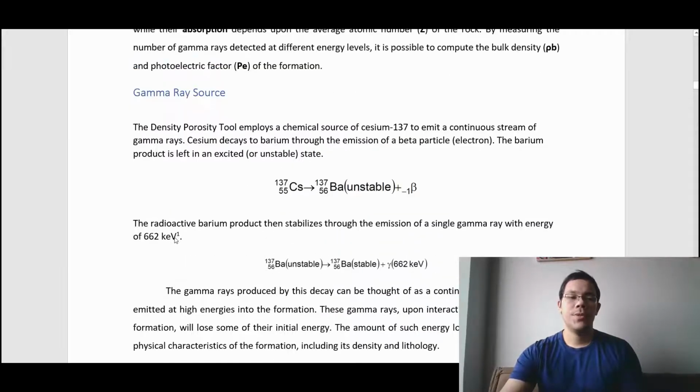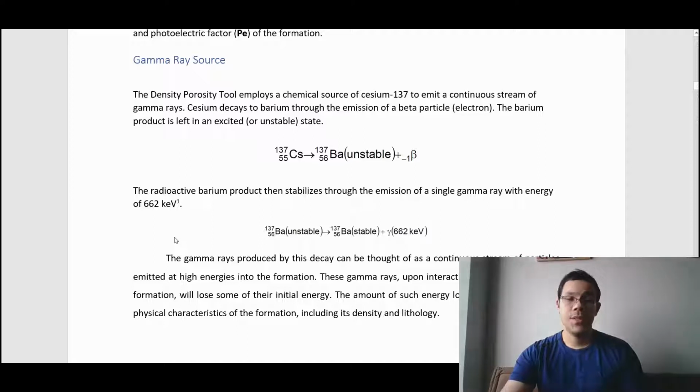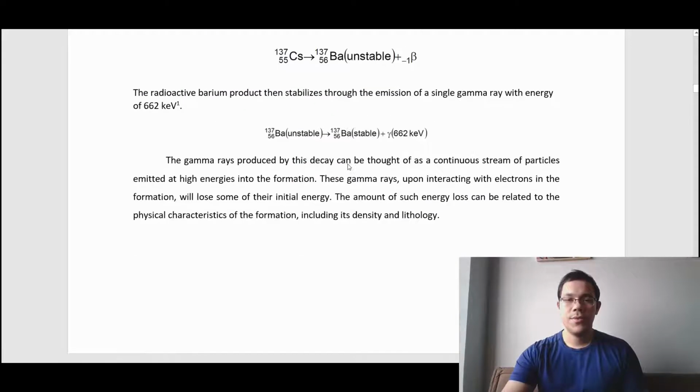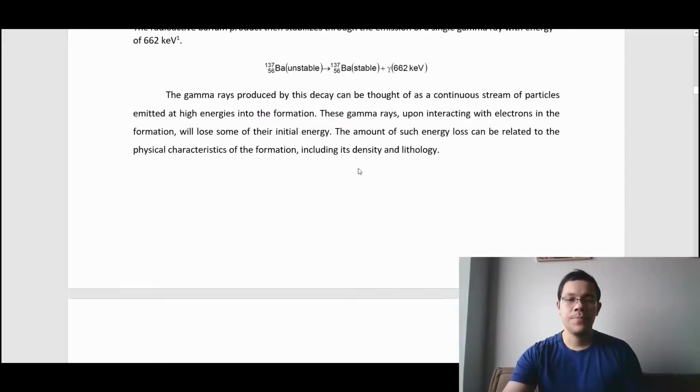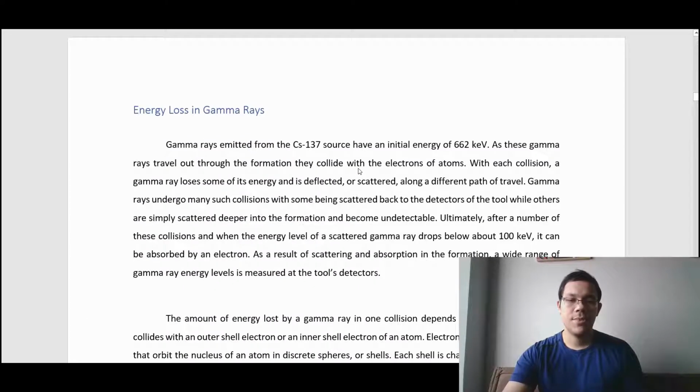As I told you, this tool uses a gamma ray source, could be a cesium-137. It will depend on the service provider, but this one is very widely used. The important thing is that to generate gamma rays, which will be high energy level.